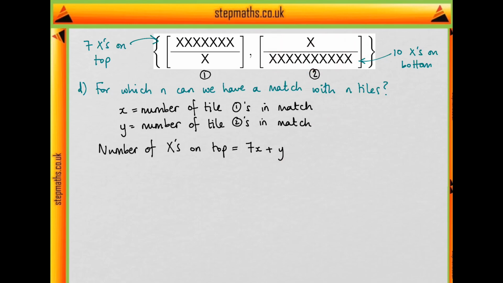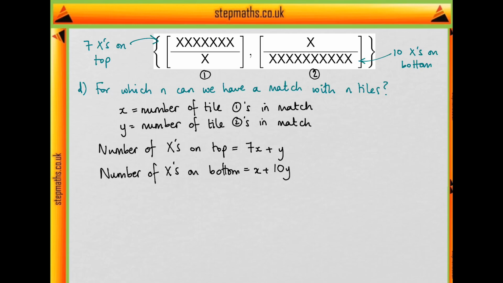And on the bottom, we're going to get x plus 10y X's, because we'll get x X's from x number of this tile, and we'll have 10y from the y number of this tile, each of which have 10 X's on the bottom.